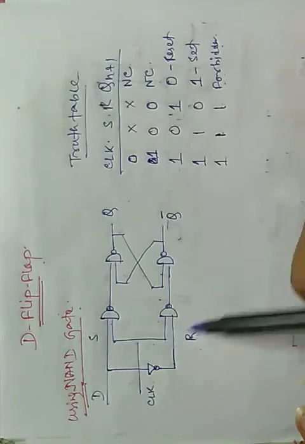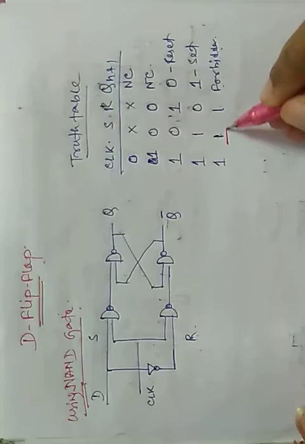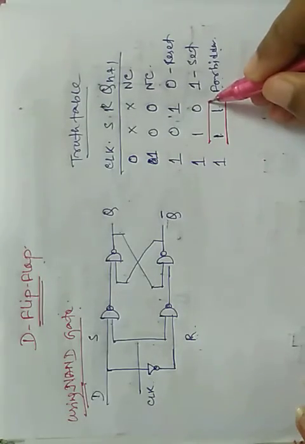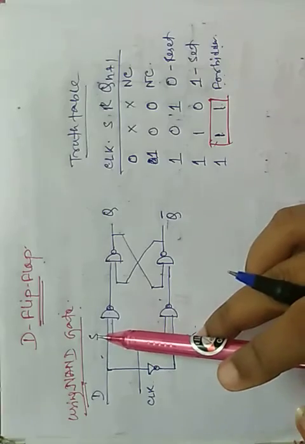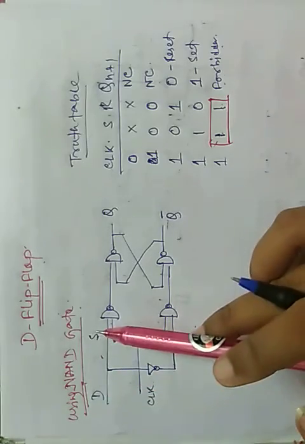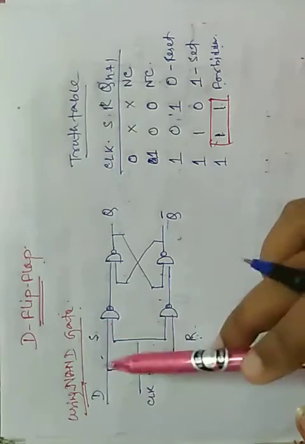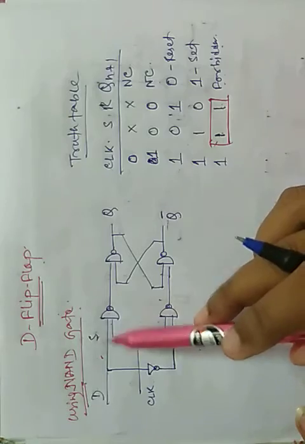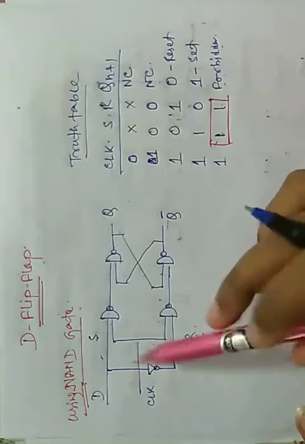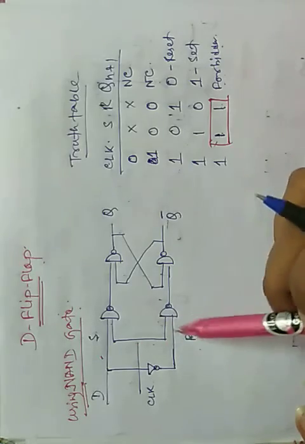S and R never get the values 1 and 1, because when D is 0, S is 0 and R becomes 1. When D is 1, S is 1, R becomes 0. The inverted value of S goes into R as the feed.